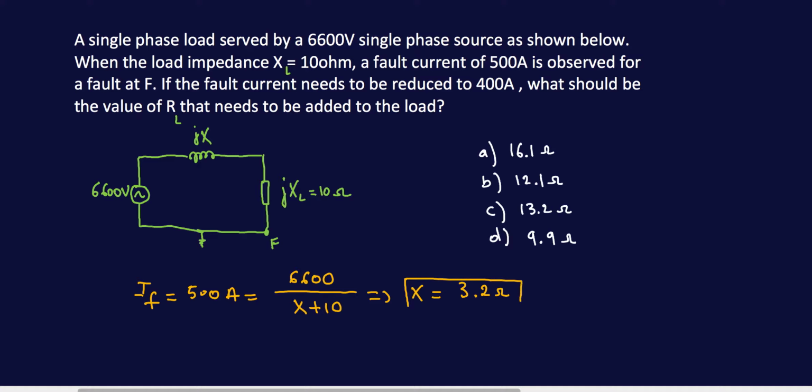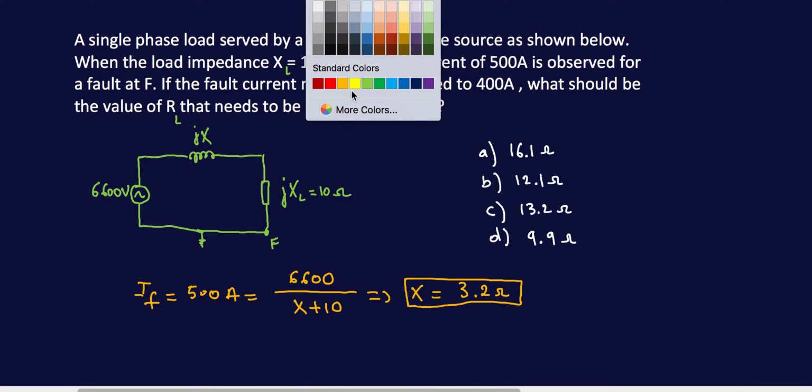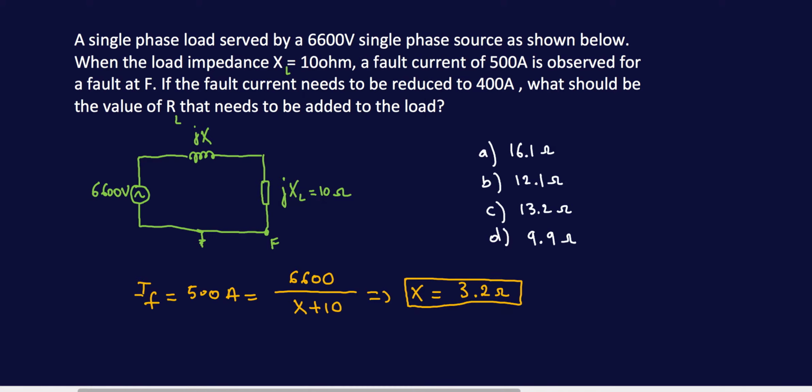So with the given knowns, we have solved an unknown. So now moving forward with the problem, if the fault current now needs to be reduced to 400, what is the value of RL?